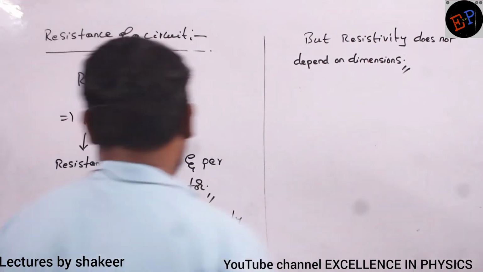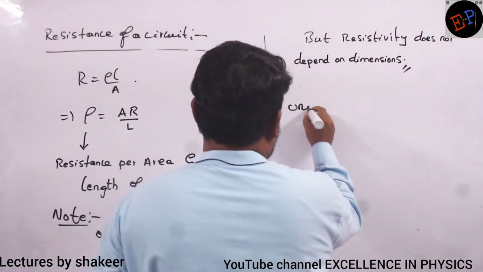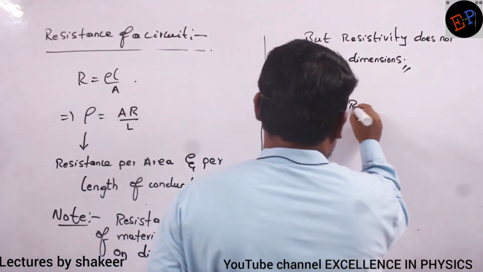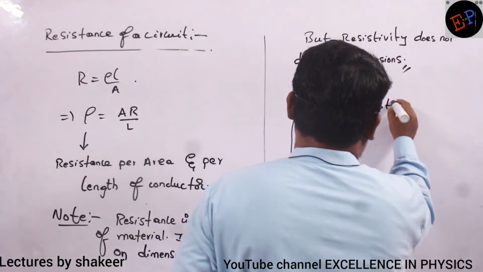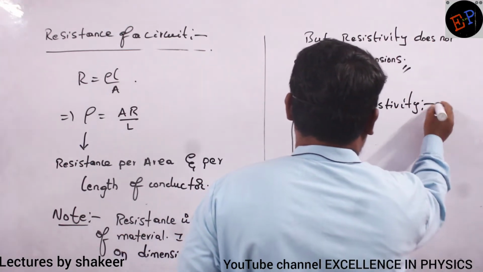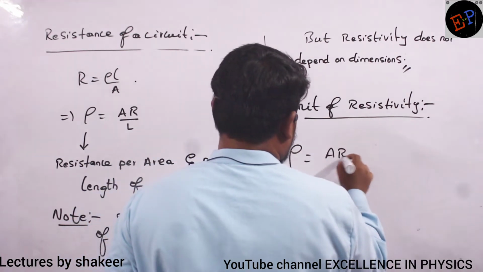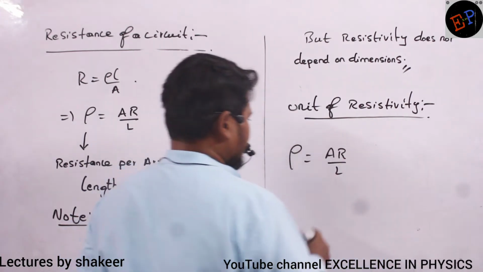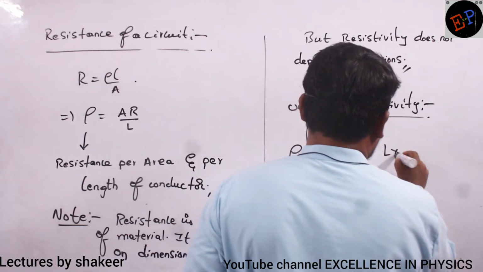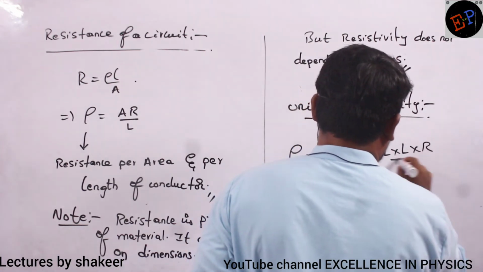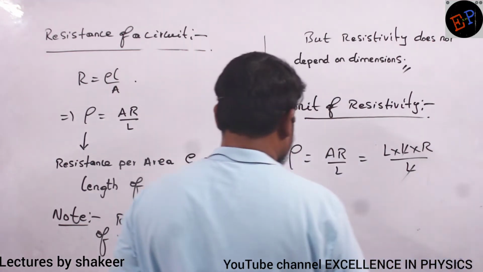Unit of resistivity also we will see. So resistivity is written as A R divided by L, no? Clear? Area means length into length, so R divided by L. One L gets cancelled.